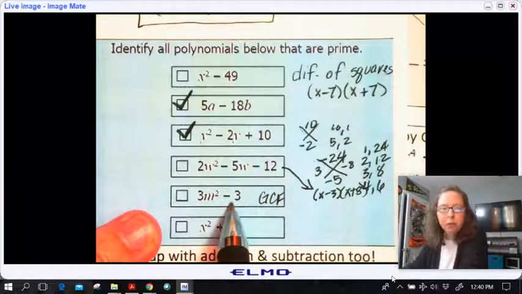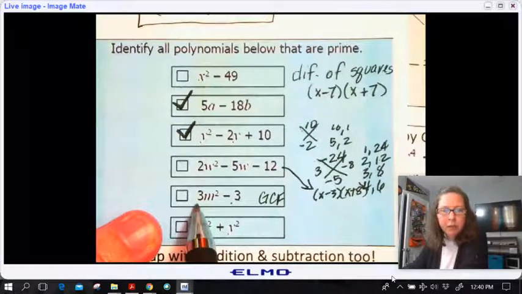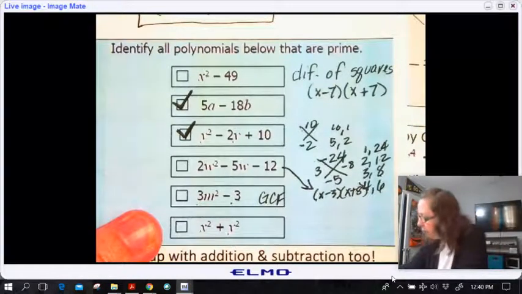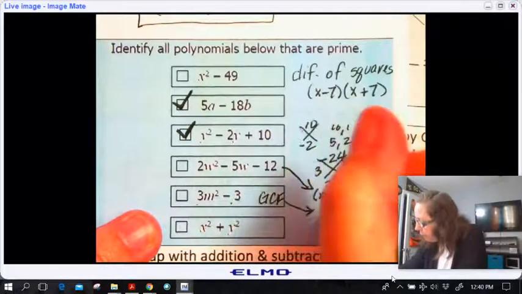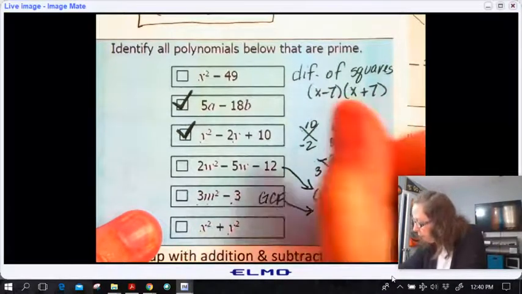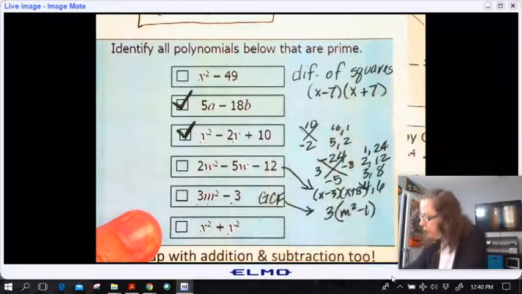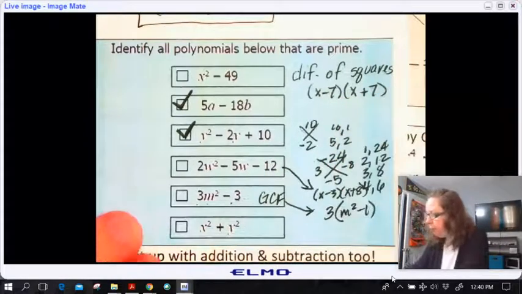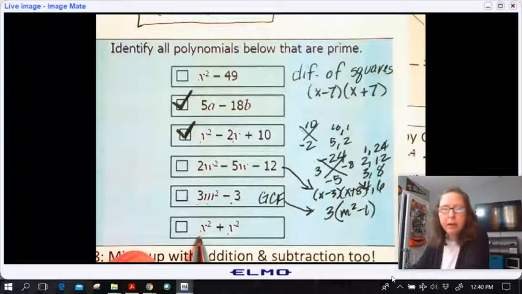Okay, what about this one? I believe I can do this one by GCF because that has a 3 and that has a 3. And so I can take a 3 out of both of them. And then my leftovers would be m squared minus 1. So this is factorable. And then finally this one, x squared plus y squared.